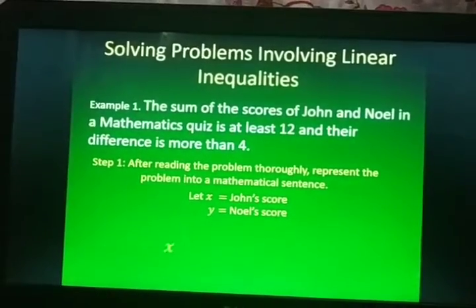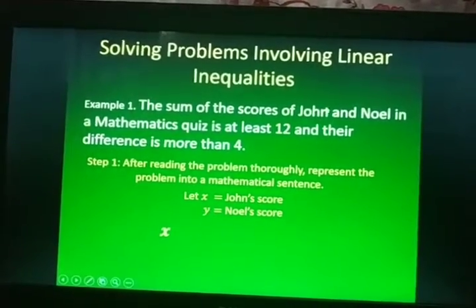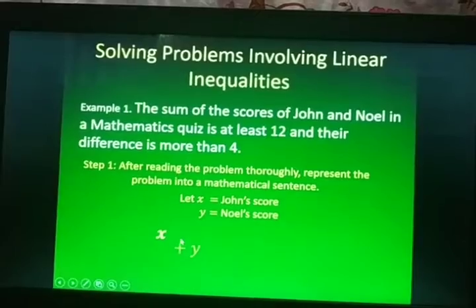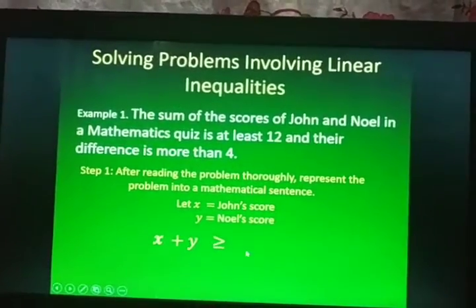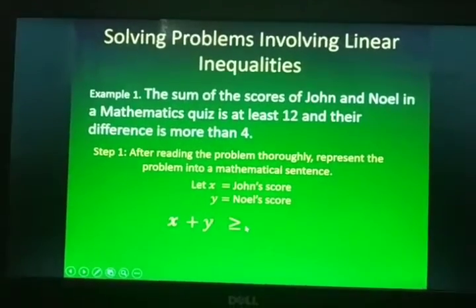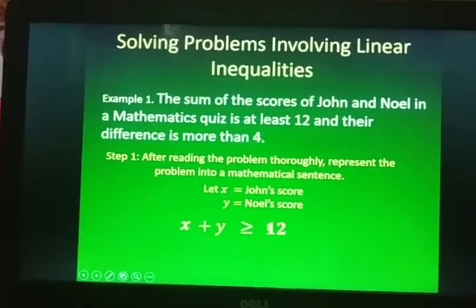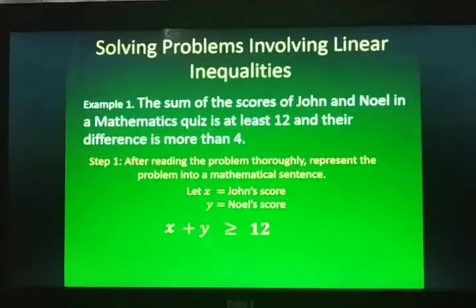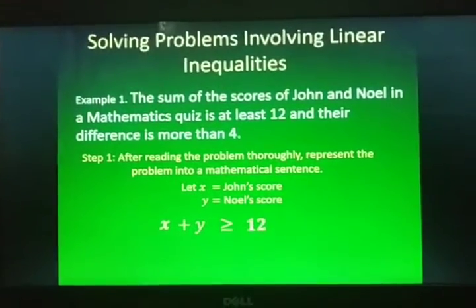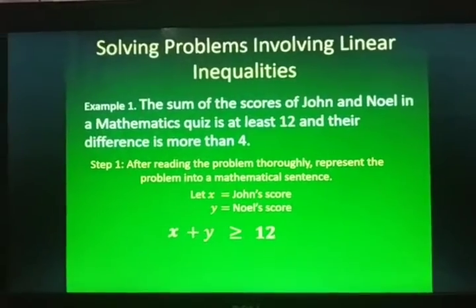Okay, so we have X, John niya, X plus Y, Noel, is at least, that's greater than or equal to 12, which means it can go high. It starts from 12, 13, 14, and up. 12 ang pinakanubo. So, it can go high.